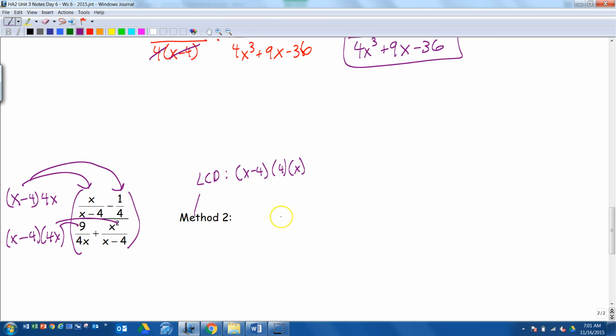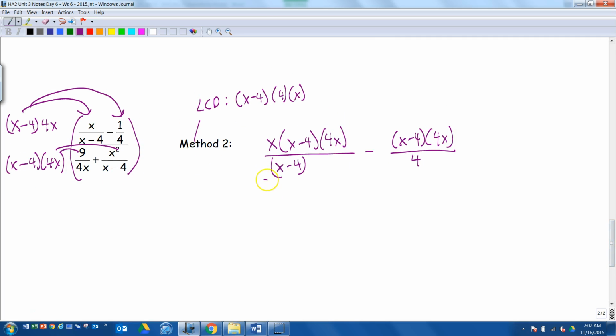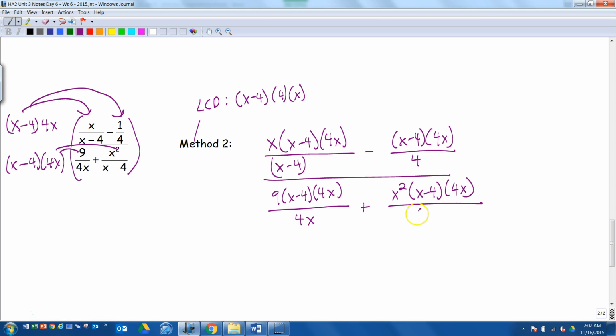On the top, we have this x being multiplied by an x minus 4 and then a 4x all over x minus 4 minus x minus 4, 4x, and you can think of it as 4 and x separate, divided by 4, all over, the bottom becomes 9 times x minus 4 times 4 and x over 4 and x, plus we have an x squared times x minus 4 times a 4x over x minus 4.